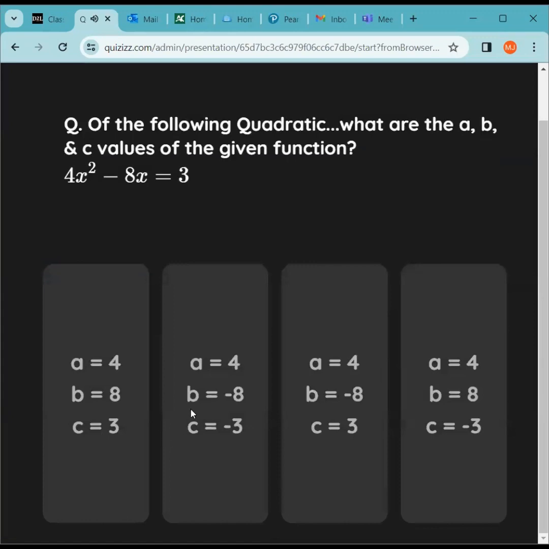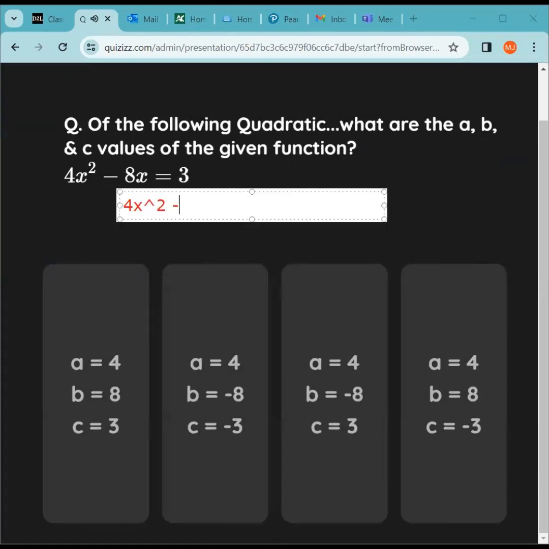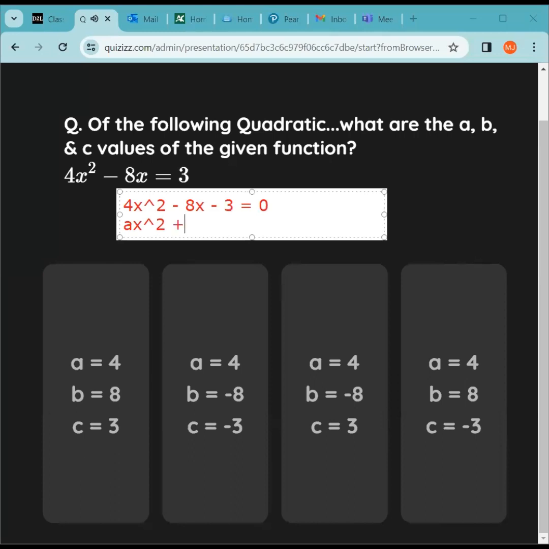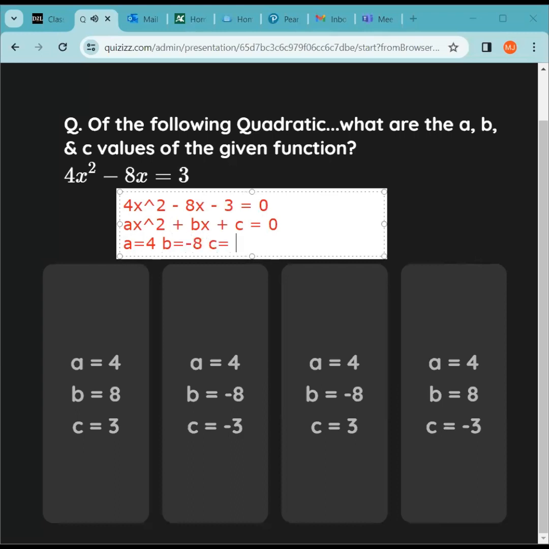The options are these here, but to do this, you would take 4x squared minus 8x minus 3. So you bring the 3 over to the left side. It would be in the form of this. And then a would be 4, b would be -8, c would be -3.